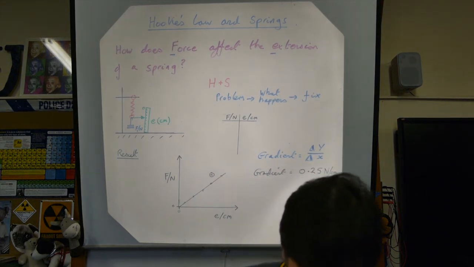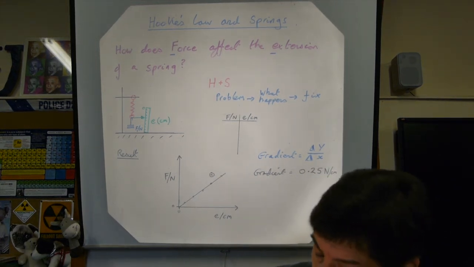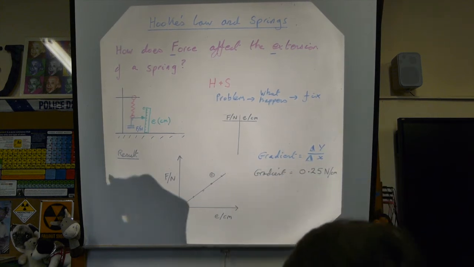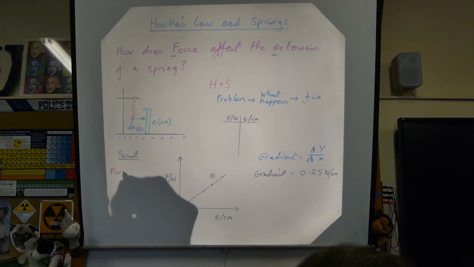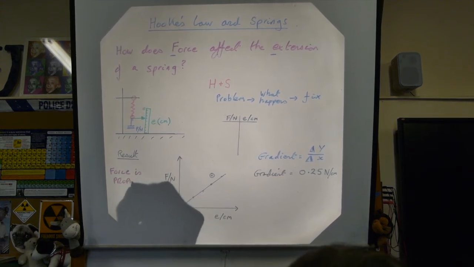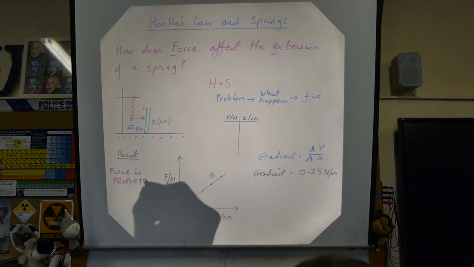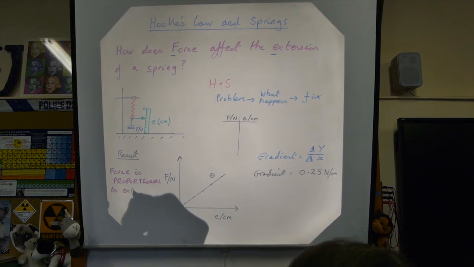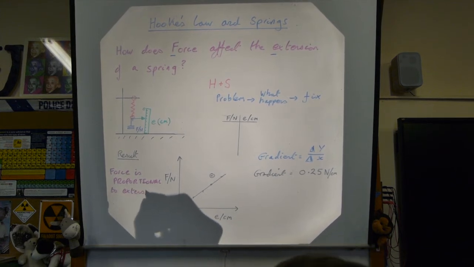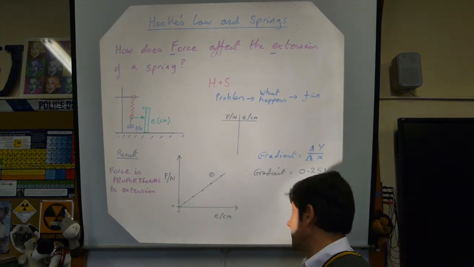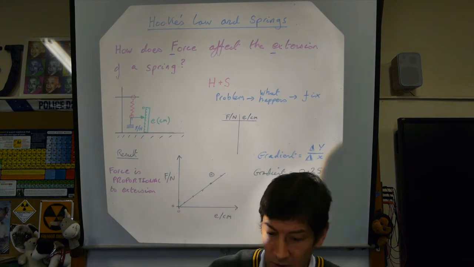Okay, so it's important that if you describe this graph, you'll say it's a positive correlation, and you'll say that force is proportional to extension. In other words, there's always a physicist lazy way of writing this.